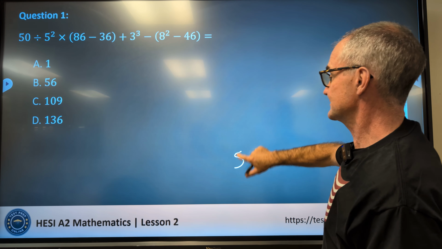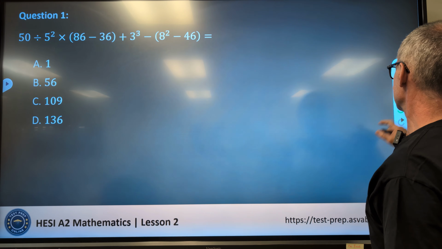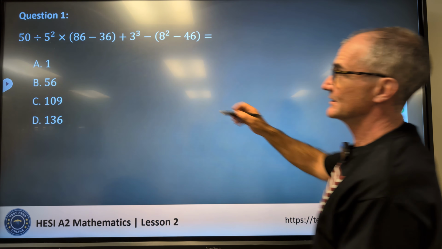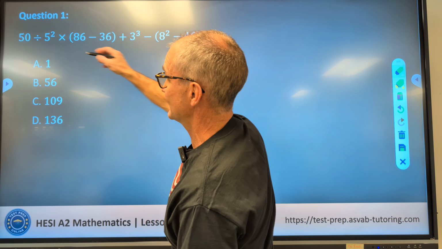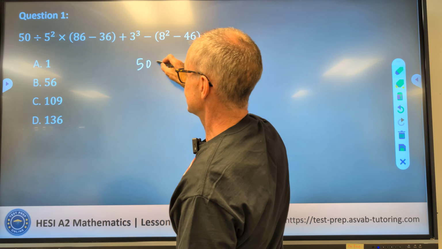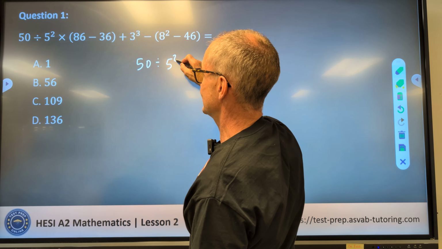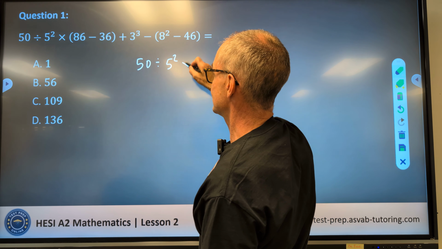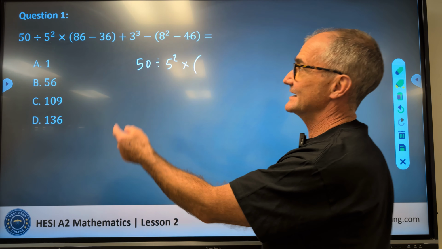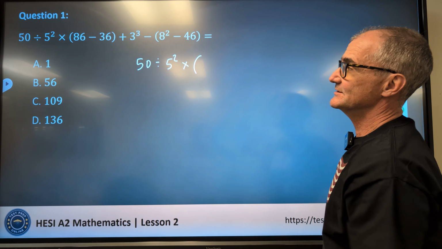All right, so to do this problem, I've got parentheses first. So the first thing I'm going to do is work what's in the parentheses. So I have 50 divided by 5 squared times, now I've got this parentheses, 86 minus 36.